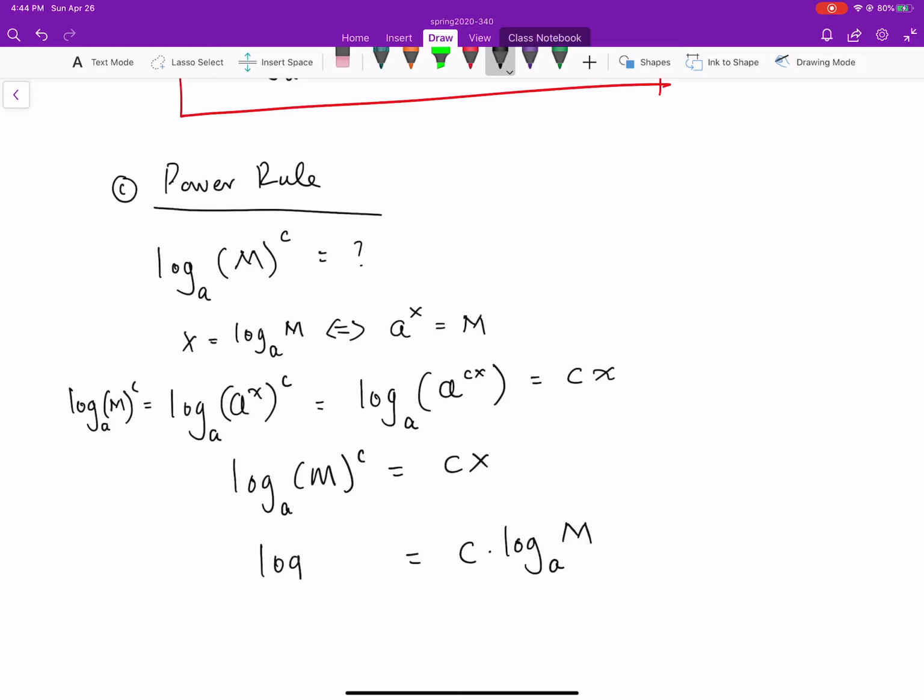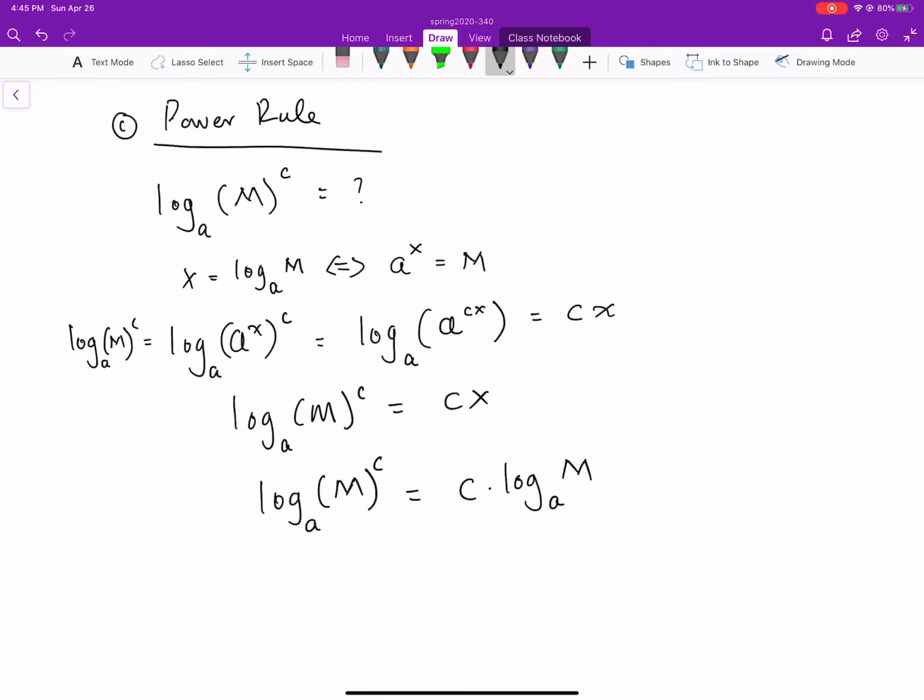So we are saying that if you have a log base a and you have a factor raised to the c, or a term raised to the c, then all you need to do is just drop the power down in front of the log as a product times log a of m. All right, so that becomes the third property.